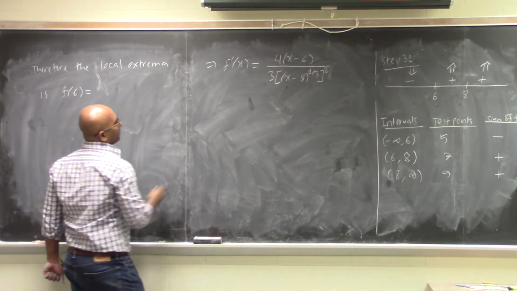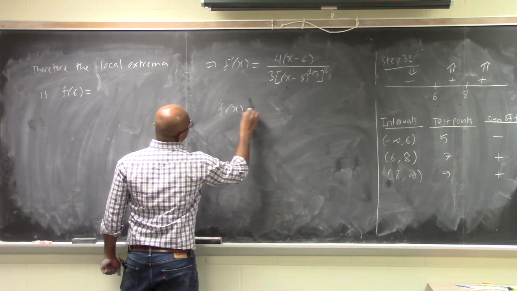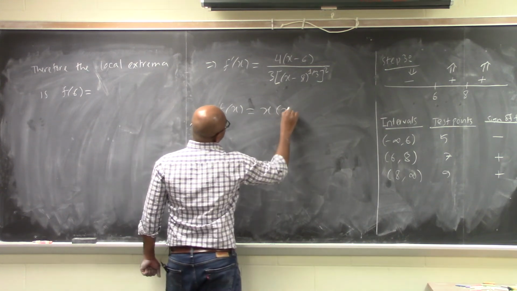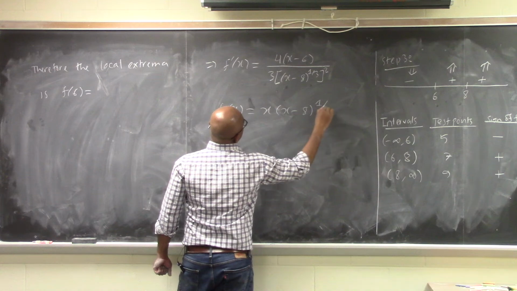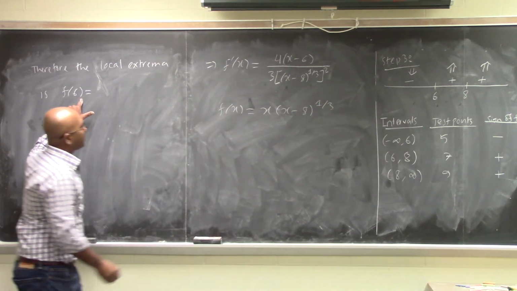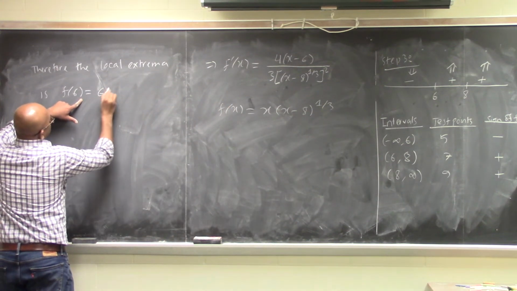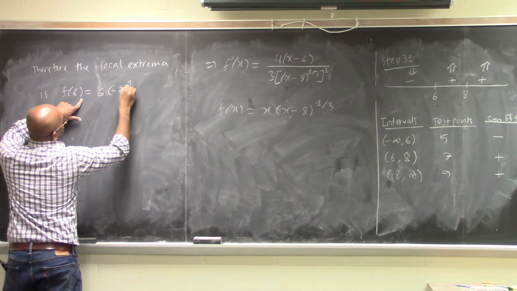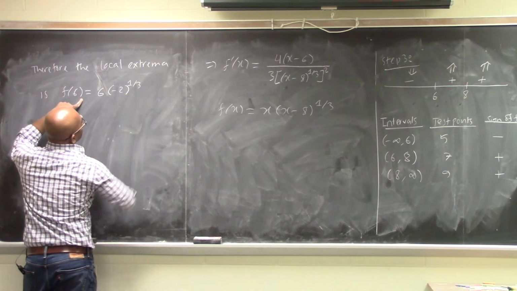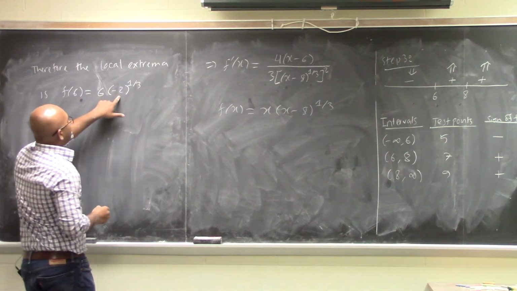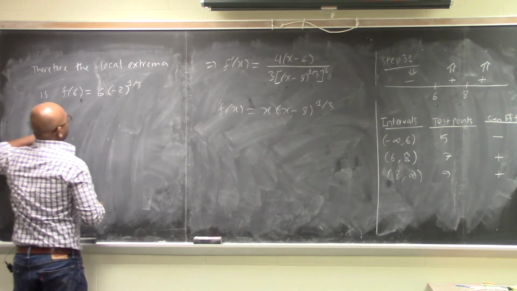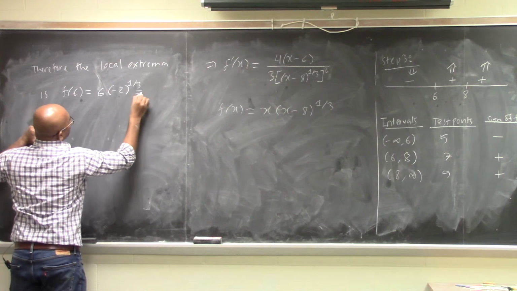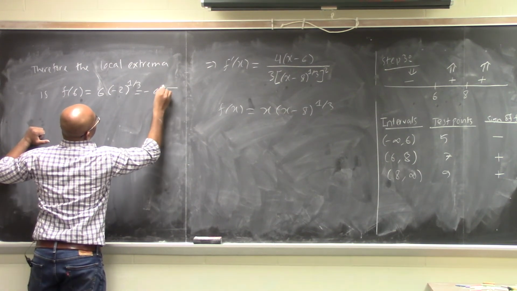One more time. The function was x times x minus 8 raised to the power 1/3. Okay, so f of 6 is going to be 6 times 6 minus 8, which is negative 2, to the power 1/3. All right, and cube root of negative 2 is negative cube root of 2, which is negative 6 times cube root of 2.